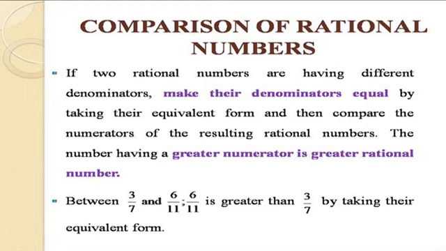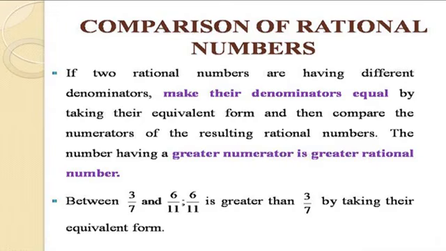At first, in 3 by 7 you multiply the denominator with 11 and the numerator also with 11. You will find 3 by 7 equals 33 by 77. Similarly, in 6 by 11, you multiply both numerator and denominator by 7, and you will find 6 by 11 is nothing but 42 by 77.